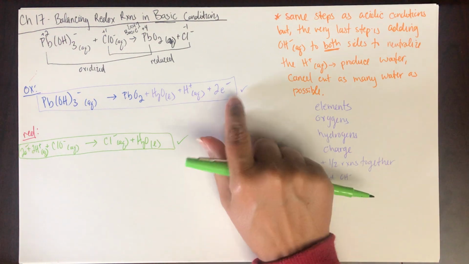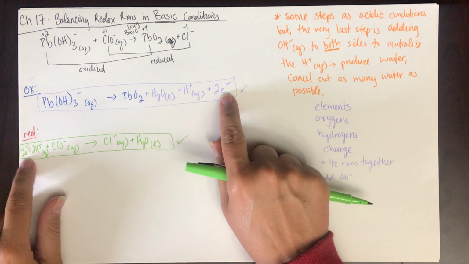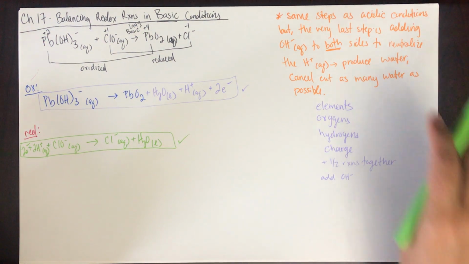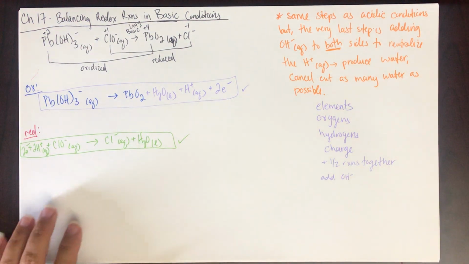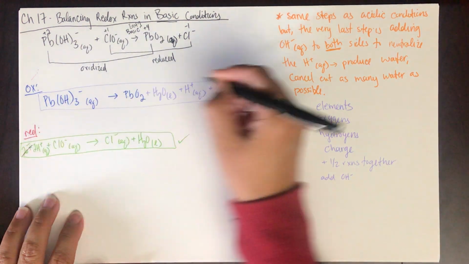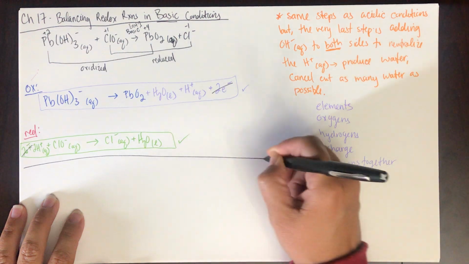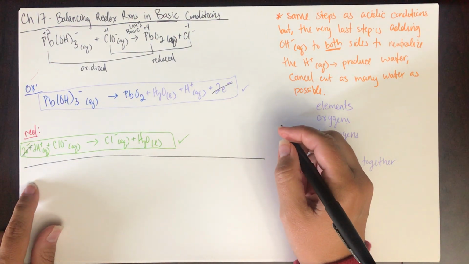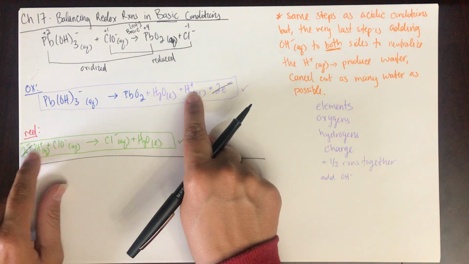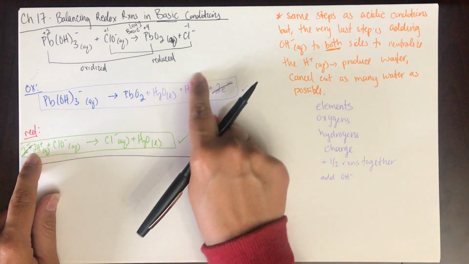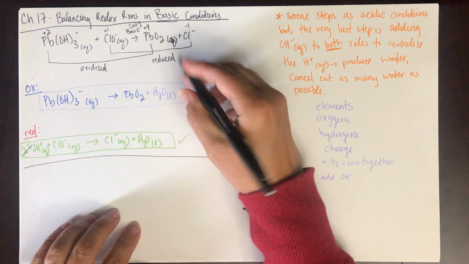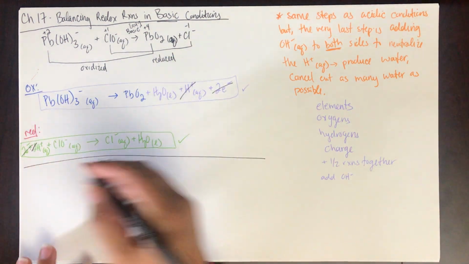So now we need to add these 2 together. It just so happens that I have the right number of electrons on either side, so I don't need to do anything. So I'm going to say 1 hydrogen, 2 hydrogens. This hydrogen here is going to cancel one of these hydrogens.